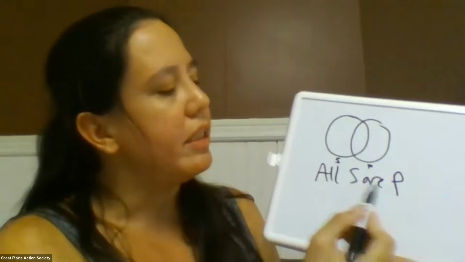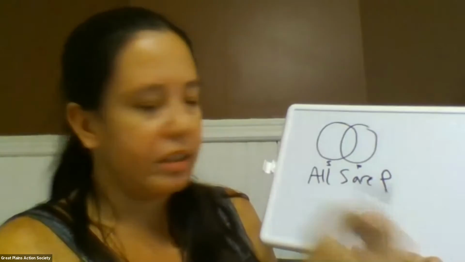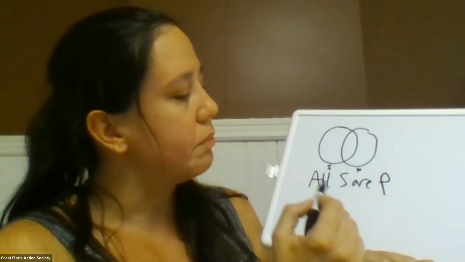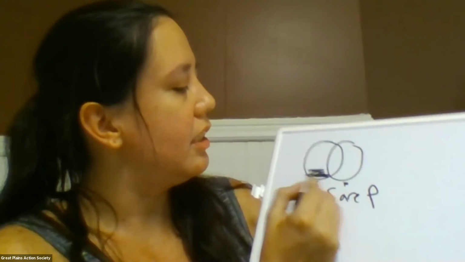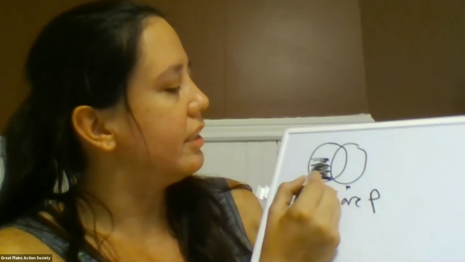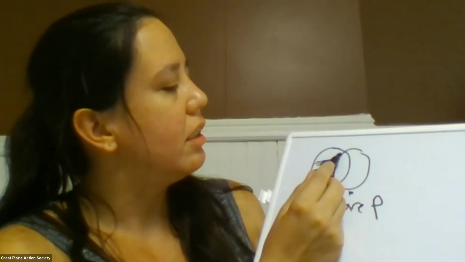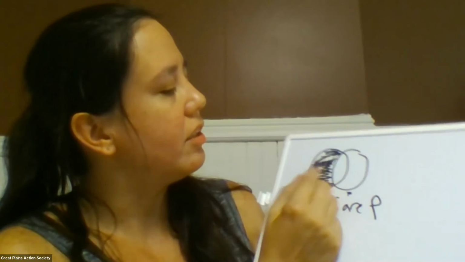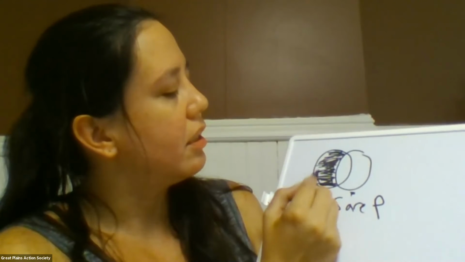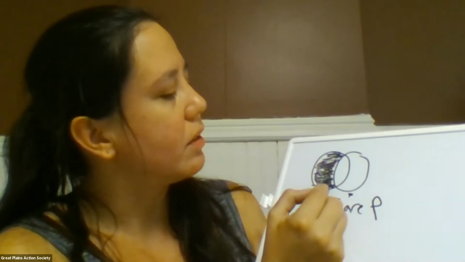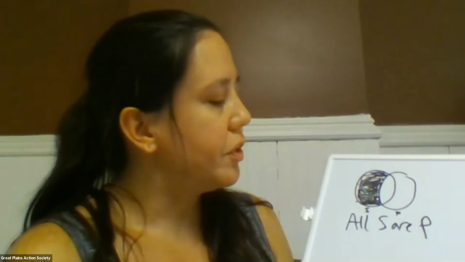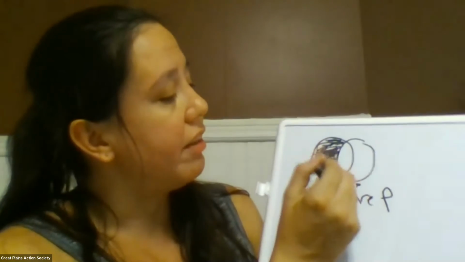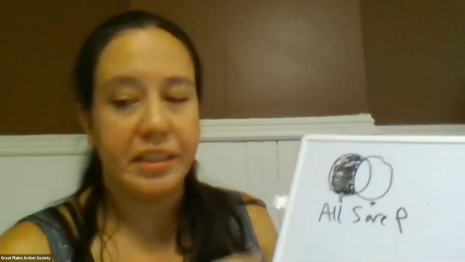They use S and P in logic often because subject and predicate in the sentence form. So all S are P: we shade this area of S that is outside of P. Not very good at shading. And that shows us that there's nothing that's an S that is not also a P.